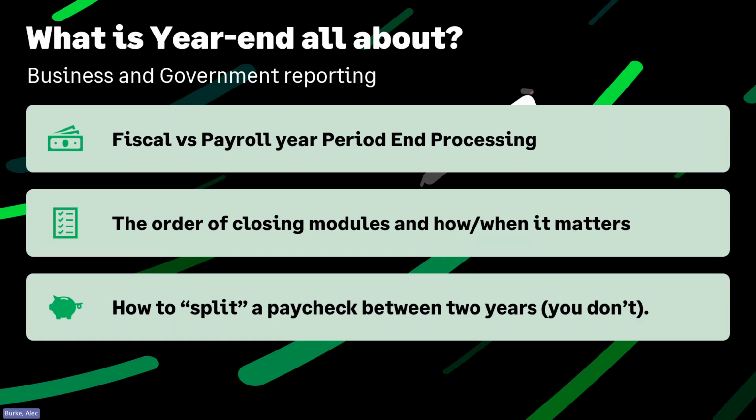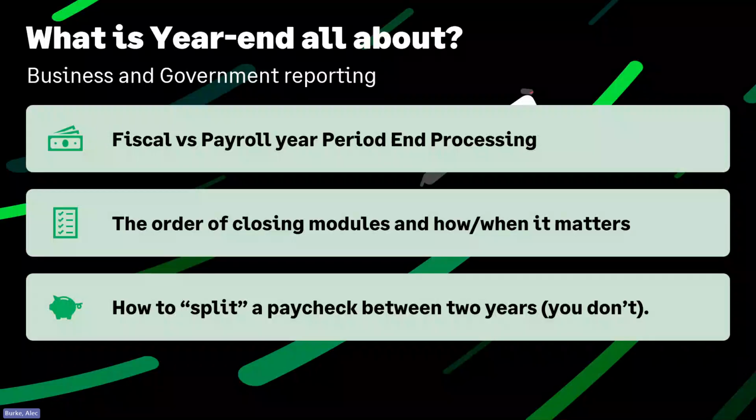Because the majority of entries are going to roll up to the general ledger, as well as the way certain modules will post to each other, there is a guideline to the order of closing modules. And it's also about a logical flow of information. You wouldn't close your accounts receivable before posting any pending sales orders and closing that module, right?